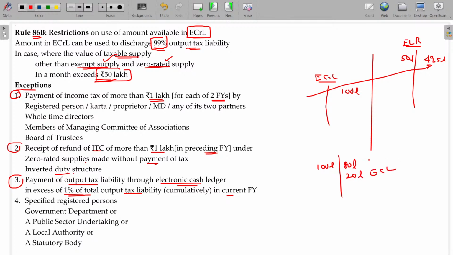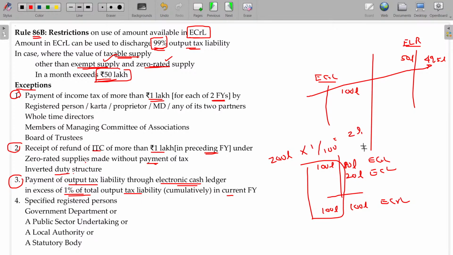In this year for 100 lakhs, entire 100 lakhs I can pay from electronic credit ledger because total value being 200 lakhs. On that 1% should be in the form of cash? No, 1% means 2 lakhs. But he already paid 20 lakhs in electronic cash ledger in the previous month. Cumulatively for the previous year, 1% should be at least in electronic cash ledger.